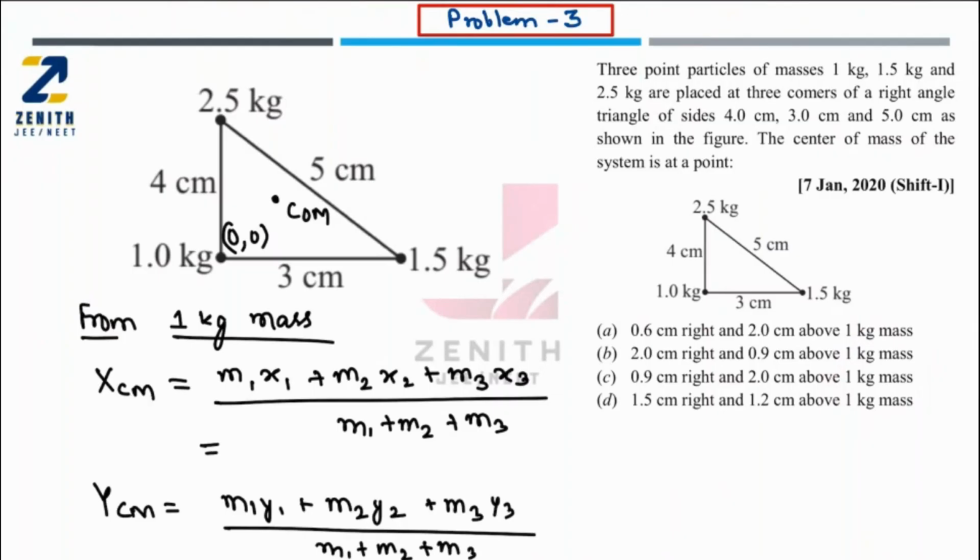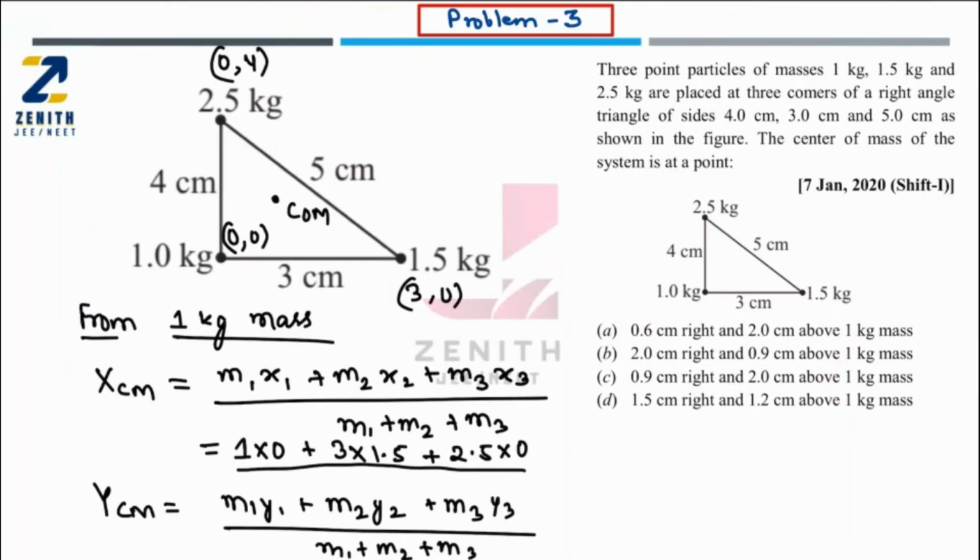What is the mass m1? Which is 1, x coordinate is 0. This value is 3 into 1.5. Okay, and m3 is 2.5. x3 coordinate is 0 because if I want to locate this point, this coordinate is 0, 4. What about this? 3, 0, and that is 0, 0. Divided by what is the total mass?